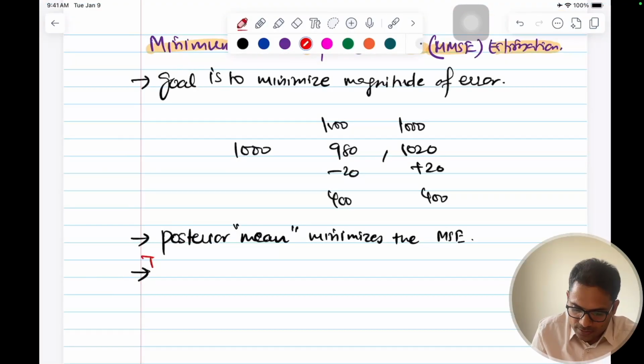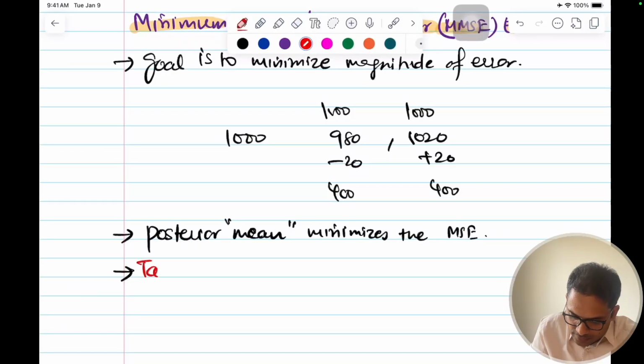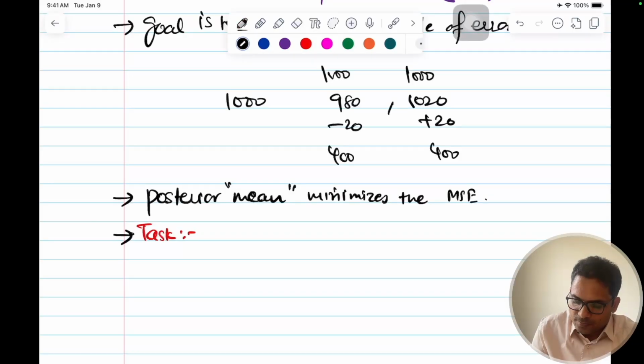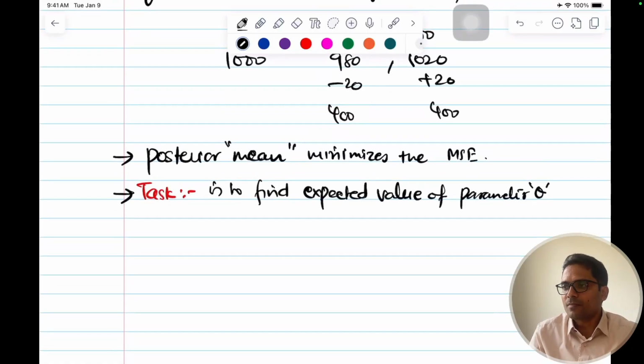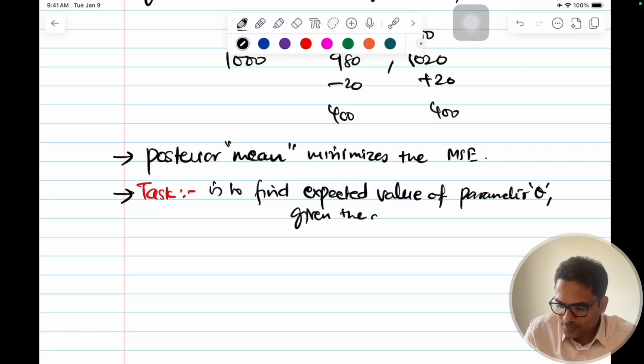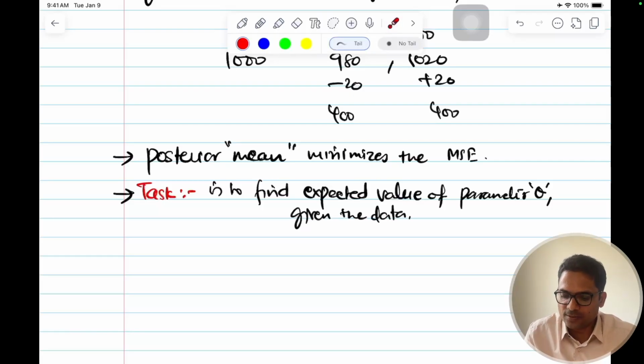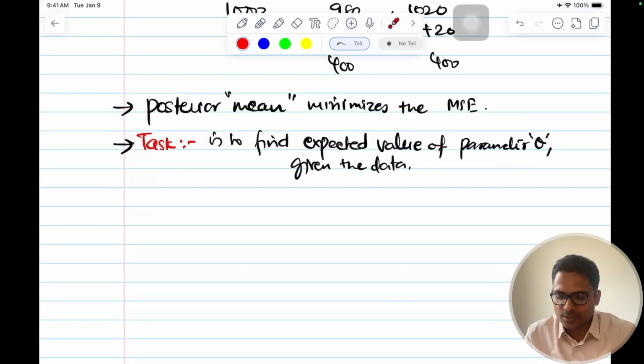The task is to find the expected value of the parameter theta given the data. So I have data, and I have to find the expected value of the parameter theta given the data. That is the conditional expectation.